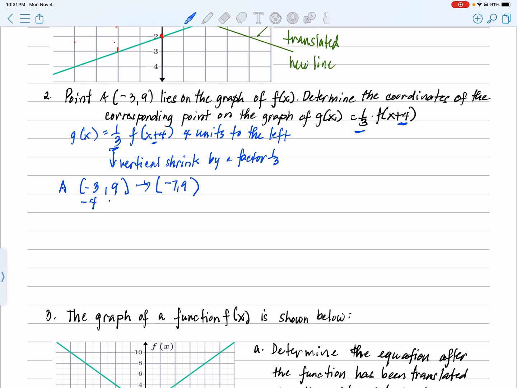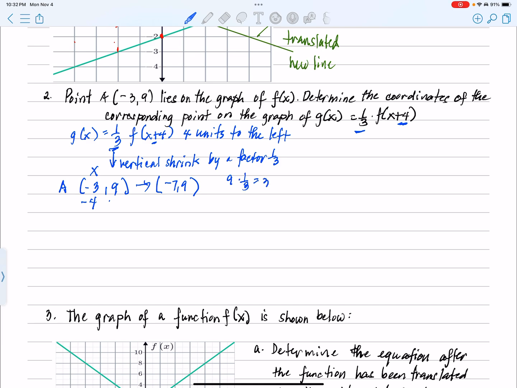So we are doing only the shifting on the x point and shrinking it vertically by 1/3. What is 1/3 of 9? 1/3 of 9 is 3.